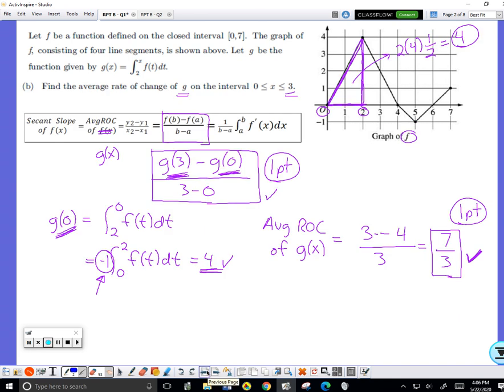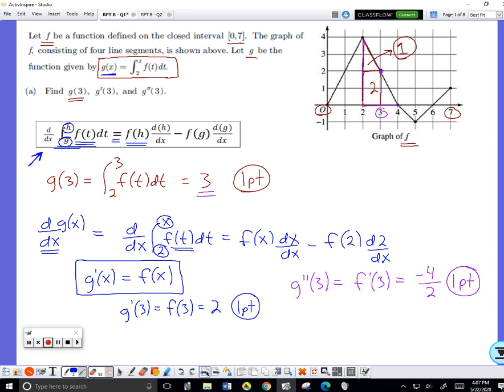Part B, 2 more points. Puts us at 13. And then part A was 3 points. That gives us a total of 16 for question 1.